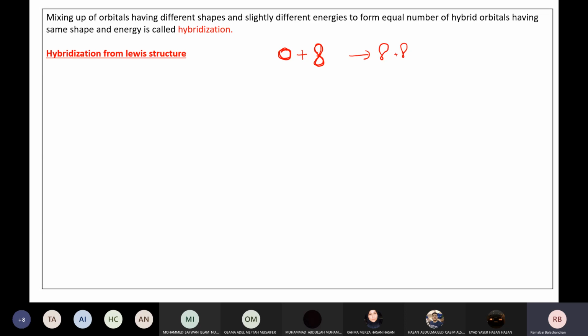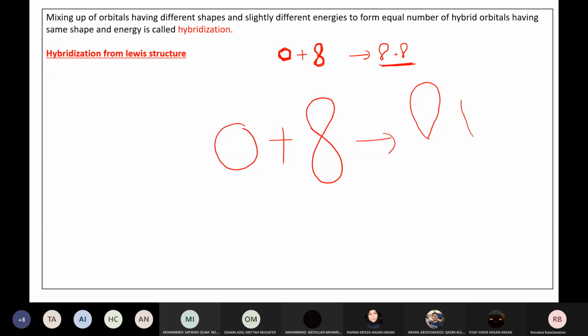When I draw, it will never come properly. Before hybridization, the s is spherical in shape and the p is dumbbell in shape. After hybridization, these two should be equal. Only one lobe is there, and the other lobe is diminished. Before mixing it's like this, and after mixing it's like this. Now there is no difference as s and p.